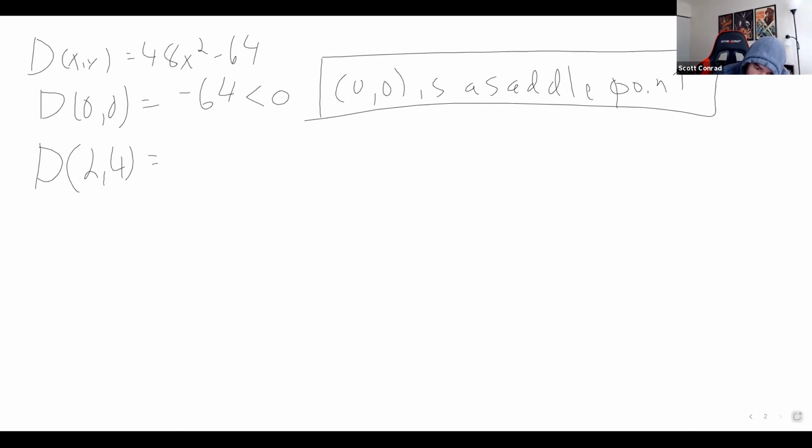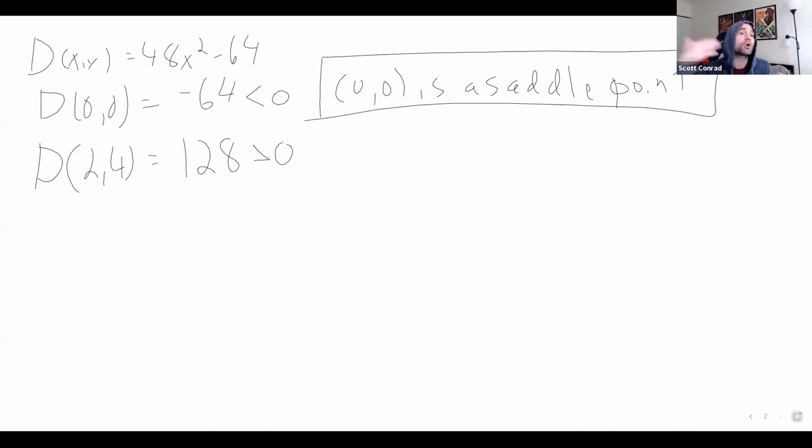But we get 128, right? I believe. Yeah. So we get the discriminant at 2, 4 is positive.